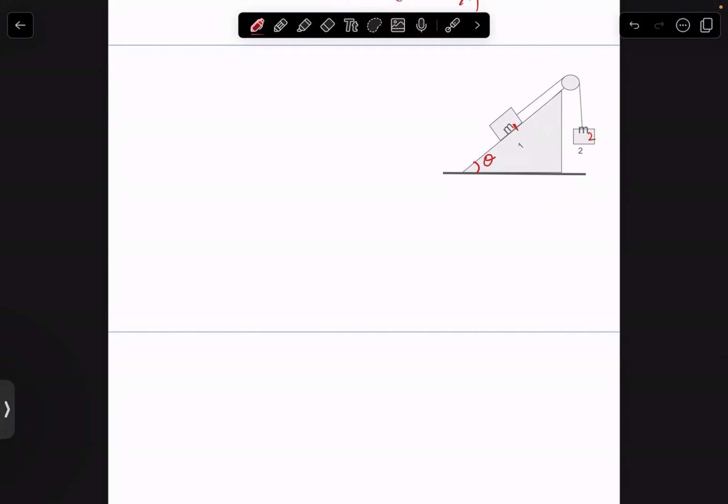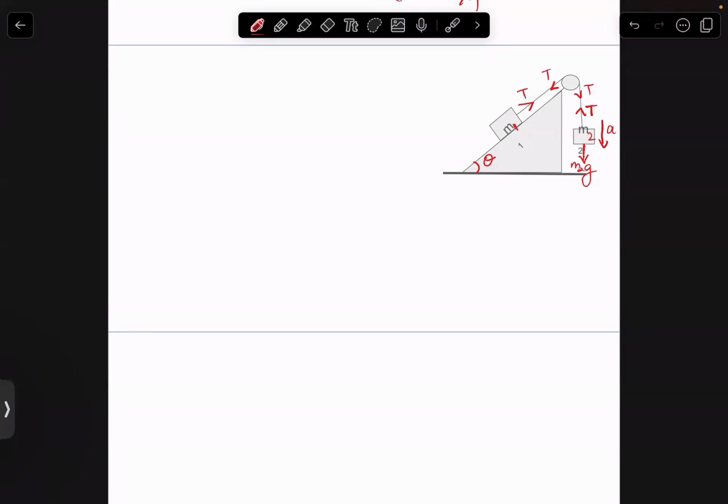With intuition, you know that m2 will have a weight downwards, which is m2g. Because of this weight, this block will be moving downwards with an acceleration of a, and this will provide a tension in the string, which is T. So tension T will be there throughout the string, right?